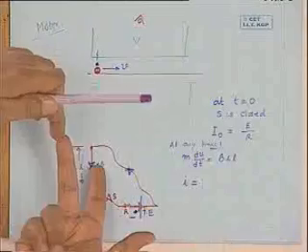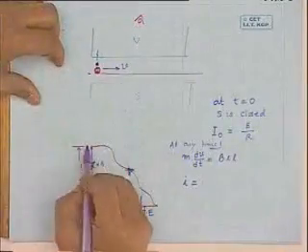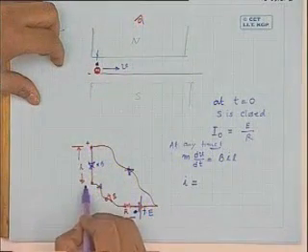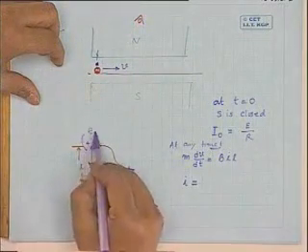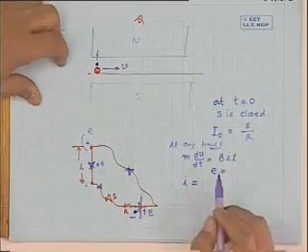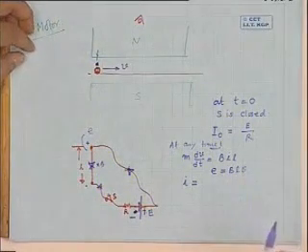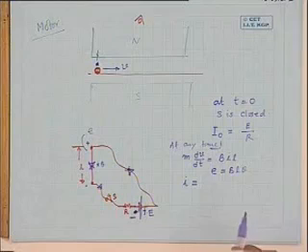In this diagram, B is into the paper, velocity is in this direction, and so this side will become plus, this side will become minus. This will be your E. So the induced voltage across the conductor ends will be BLV.